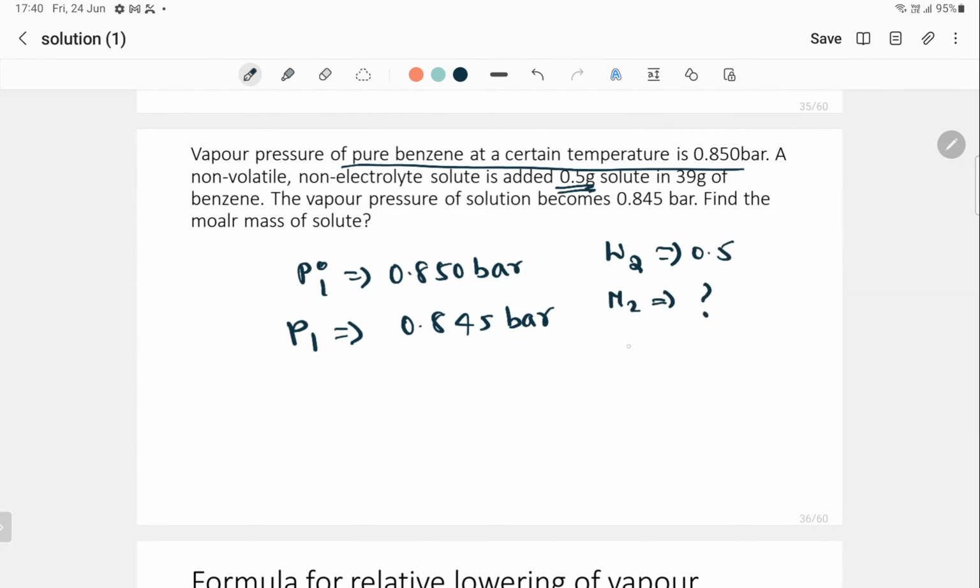For benzene, given mass is 39, so its molar mass is 78. We have all the things. So now you have to do the calculation and find the molar mass of your solute. Every calculation is in front of you.